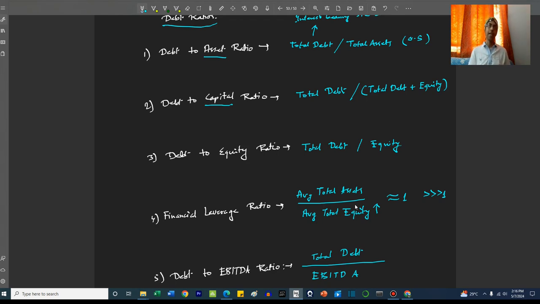Similarly, for total debt to total equity, the higher the number, the higher the debt, and that is not a very good sign. A debt to equity of less than 1 is generally a better sign. The closer it is to 0, the better it is.